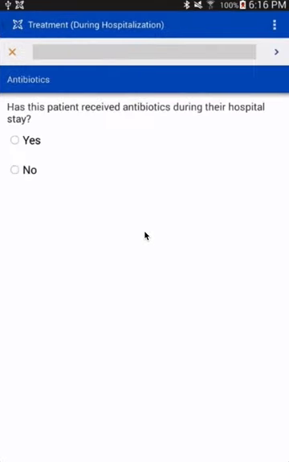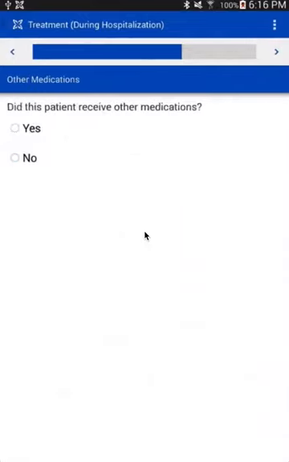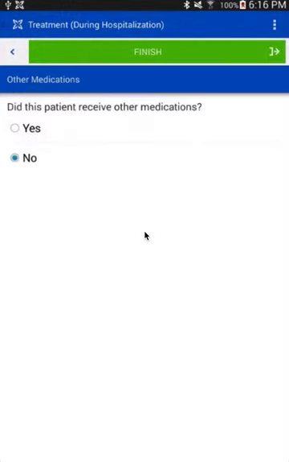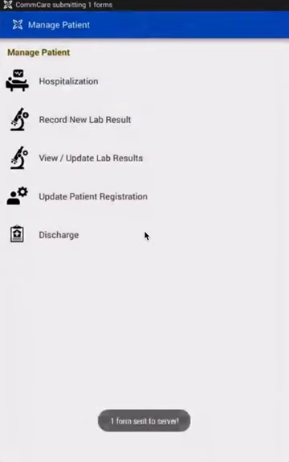And in this case, the patient did not receive any antibiotics, no antibiotics, no analgesics, and no other medications. Essentially, we're done. And this takes us back to the hospitalization. But as you could see, we were able to enter a second treatment cycle by first creating a new cycle and setting what was the starting date for that cycle.